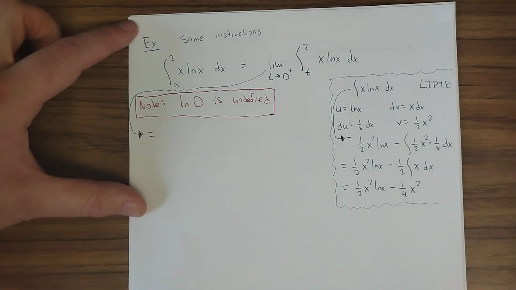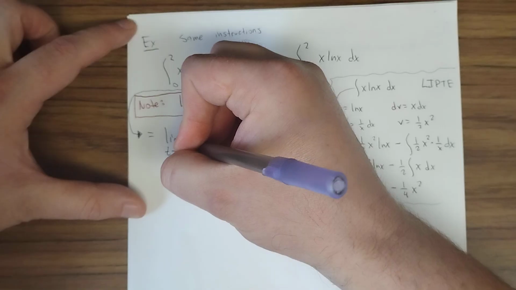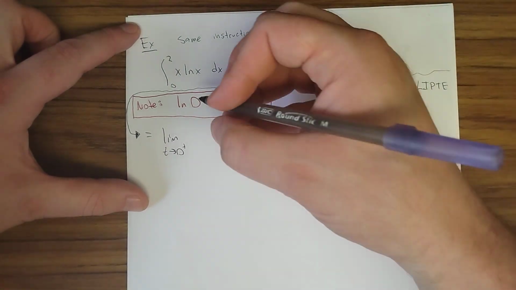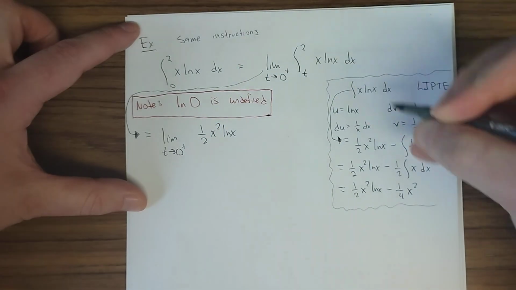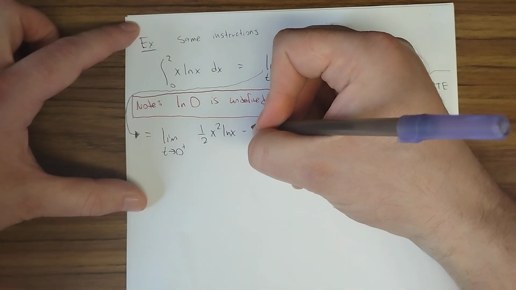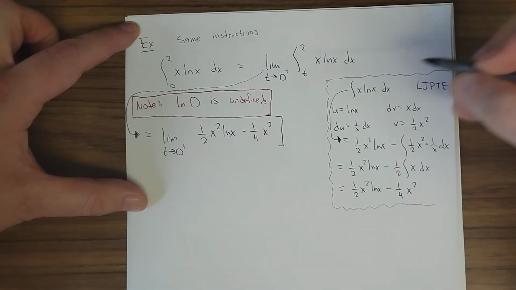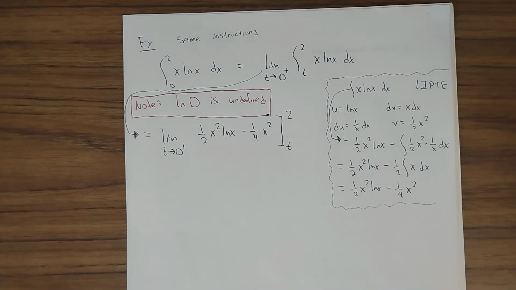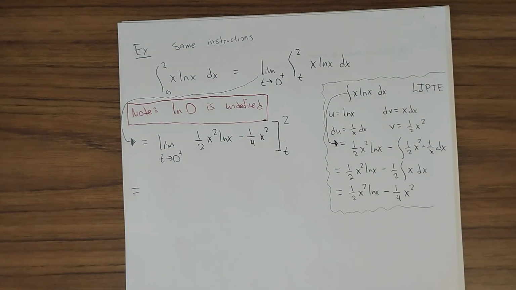this turns into limit t goes to 0 from the right. We just found this antiderivative, so I'm copying this down. And then I do this from t to 2. All right. Now I've got an easy step where I just plug these numbers in.